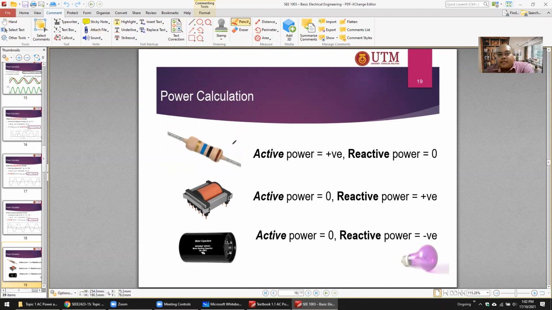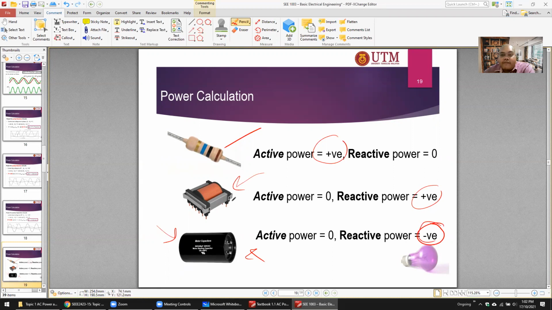So for the resistance, remember that it absorbs active power, or real power, or average power. For the inductor, it absorbs reactive power instead of active. But the capacitor is quite different because it is not a power absorber. It can supply reactive power.